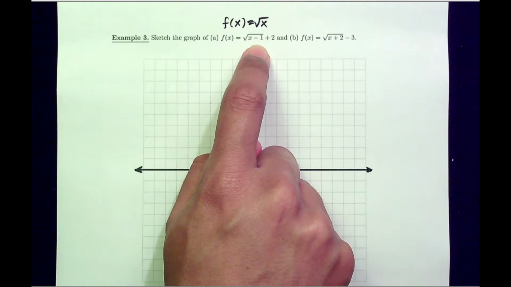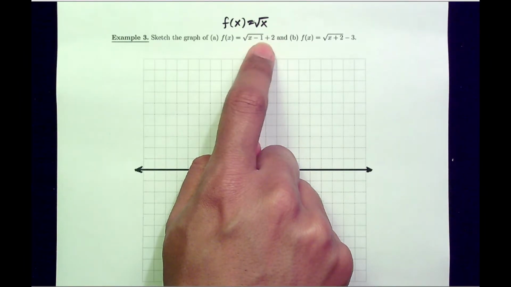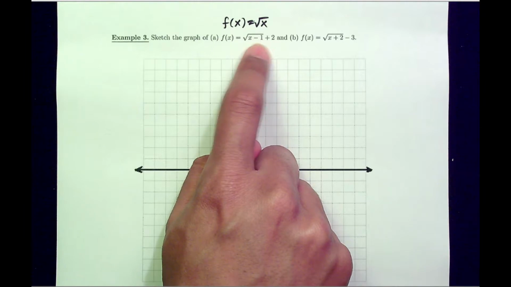When it happens inside, it is a horizontal transformation and it does the opposite of what you would think. So subtracting 1 is going to move the whole thing to the right. And since you see these two things in the same formula, both things are going to happen at the same time.